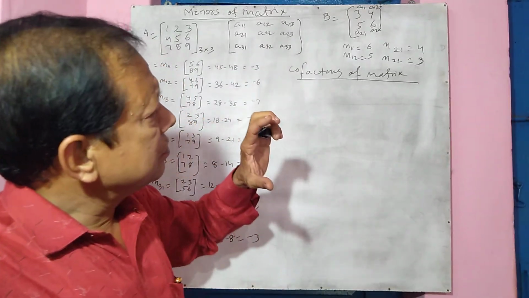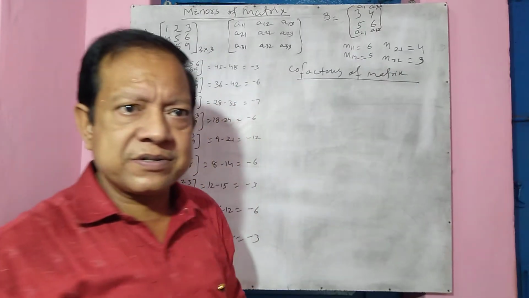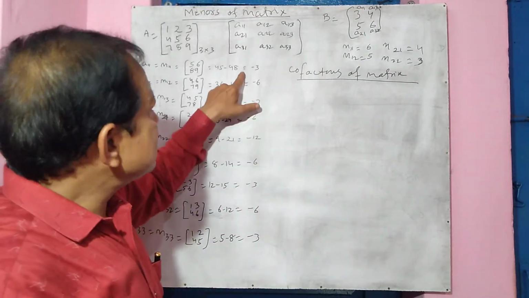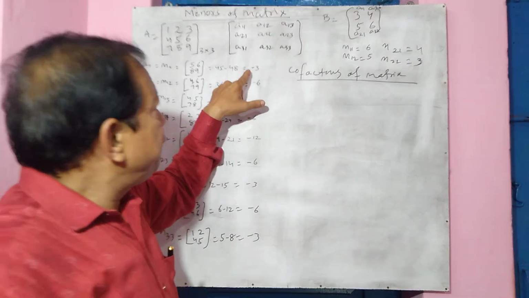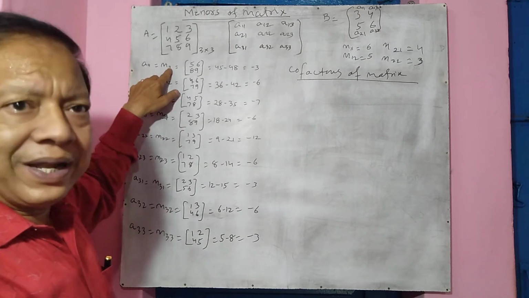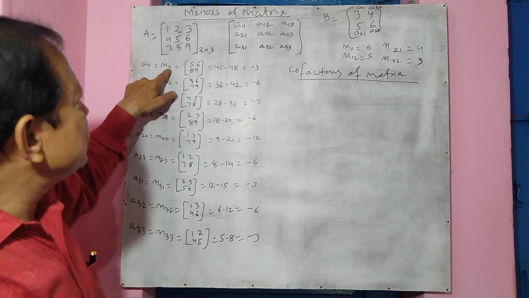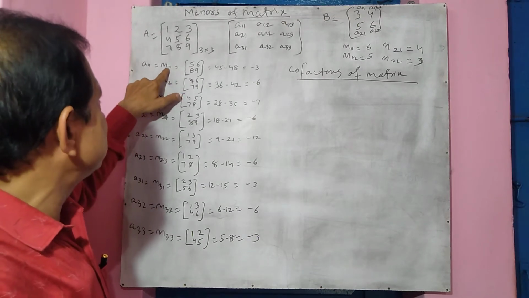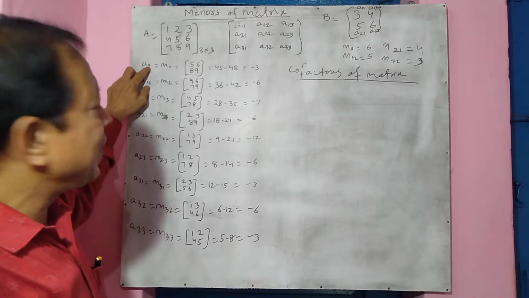Now, let me tell you that when I talk of cofactors, minors are not cofactors. Now, if I say A11, M11, so you see the position of this element 1. This is first row and first column.